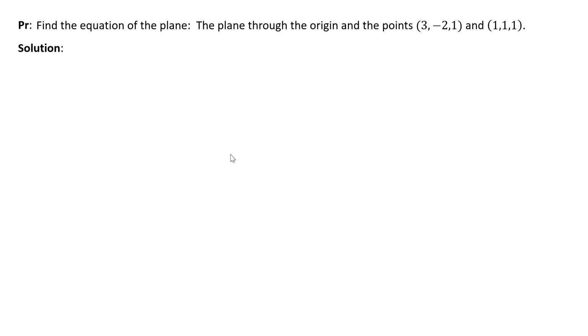When it comes to lines, folks, please pay attention. When it comes to lines, we always think about, hey, I give you 2 points. Tell me what the equation of the line is that passes through those 2 points. Right? 2 points.